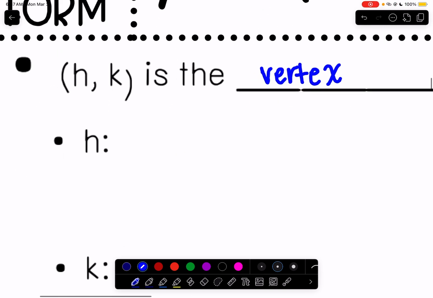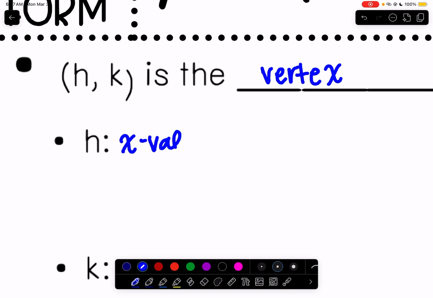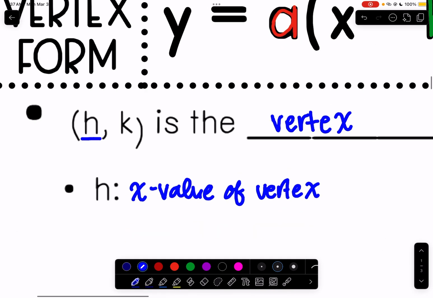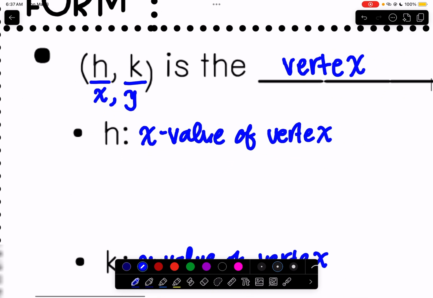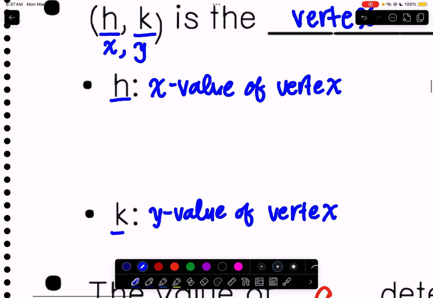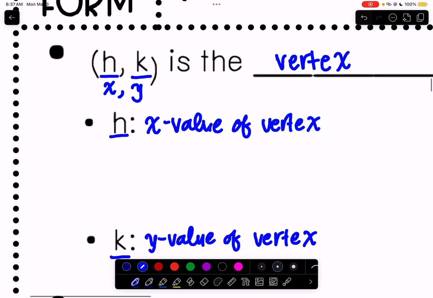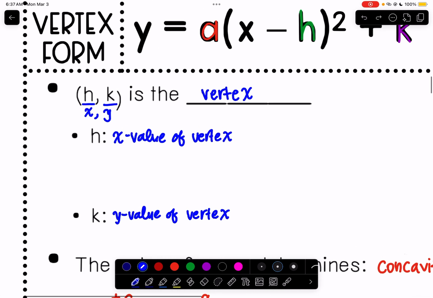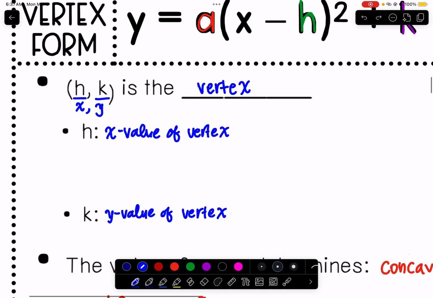So h is our x value of the vertex, and k is the y value of the vertex. And I know that because it goes h, k, which is always x, y. It's also really nice because h comes before k in the alphabet, x comes before y in the alphabet. So many things in math are alphabetical, and it's really nice that they work out that way.